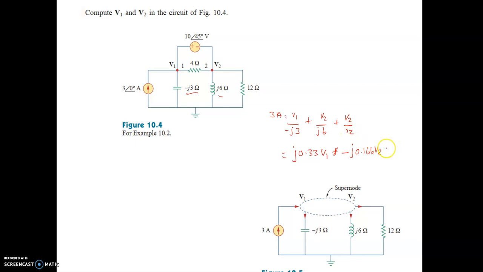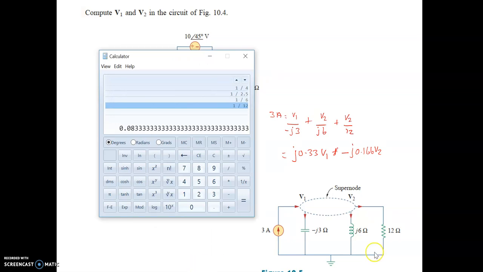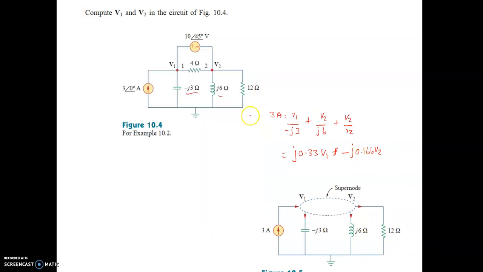Then 1 by 12 is 0.0833, which is a real term, so 0.0833 V2. This equals 3.